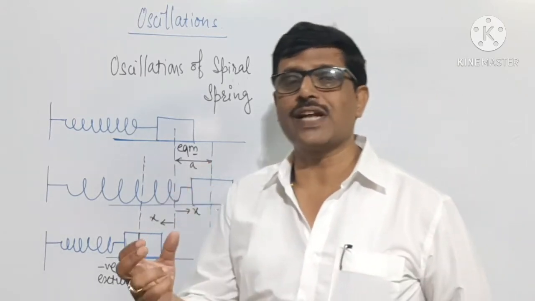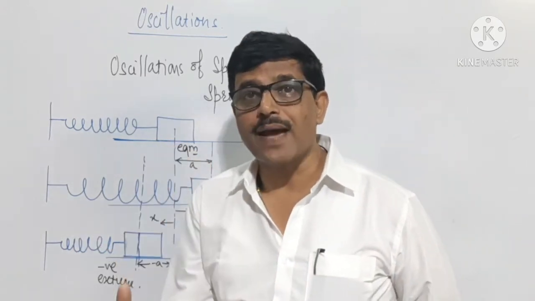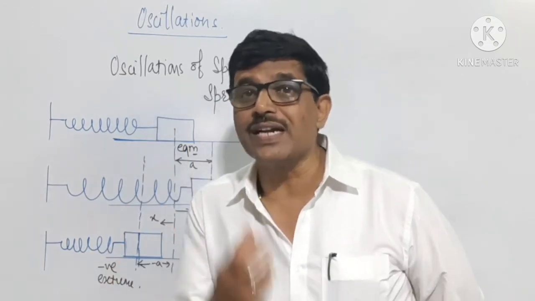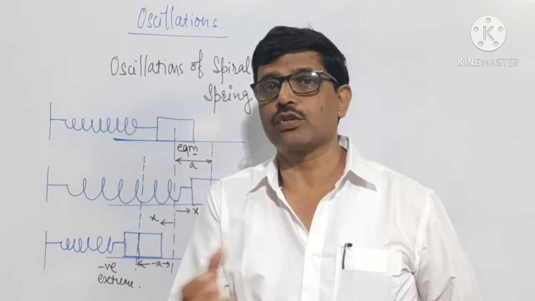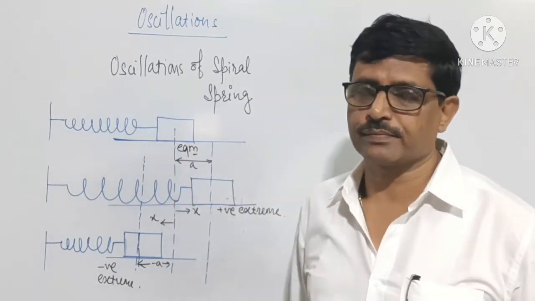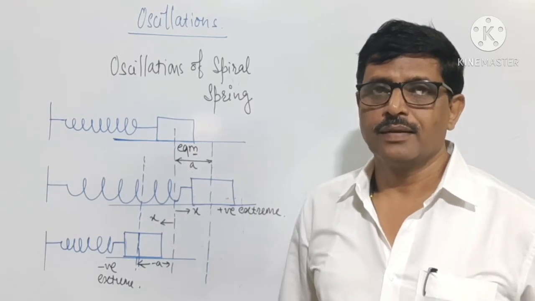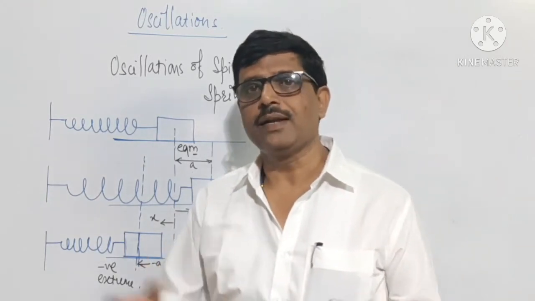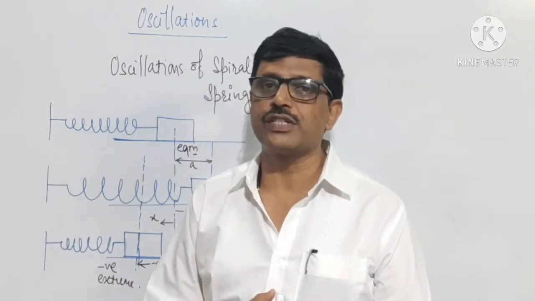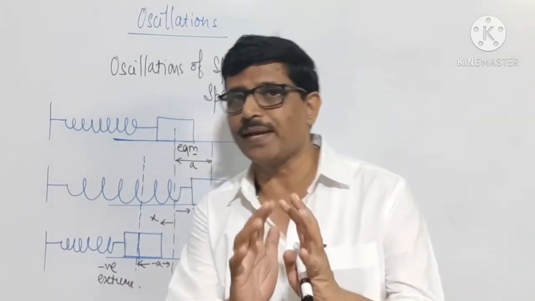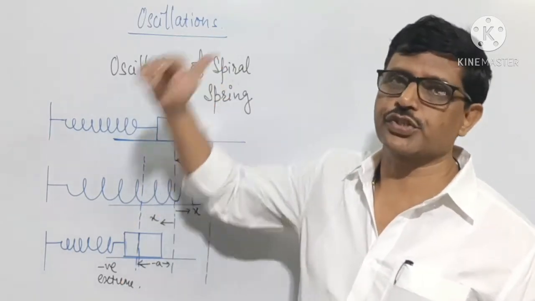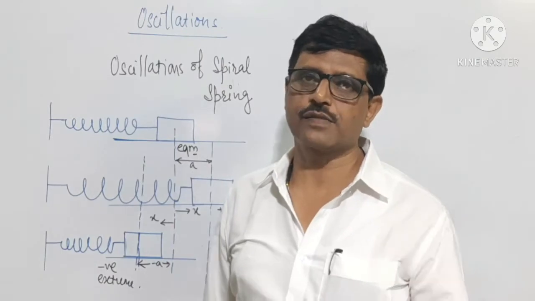The internal force developed in the spiral spring to bring it back to its original length or original dimensions is called the restoring force. This restoring force always tries to bring the spiral spring back to its original length. These are the things to be remembered very clearly while thinking of oscillations of the spiral spring.